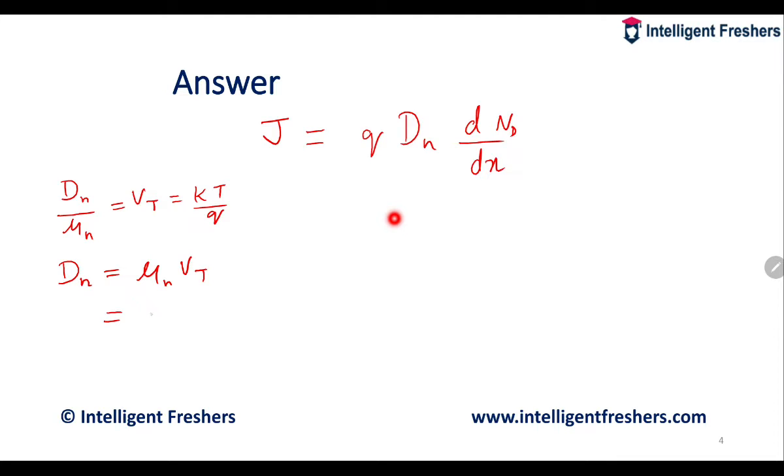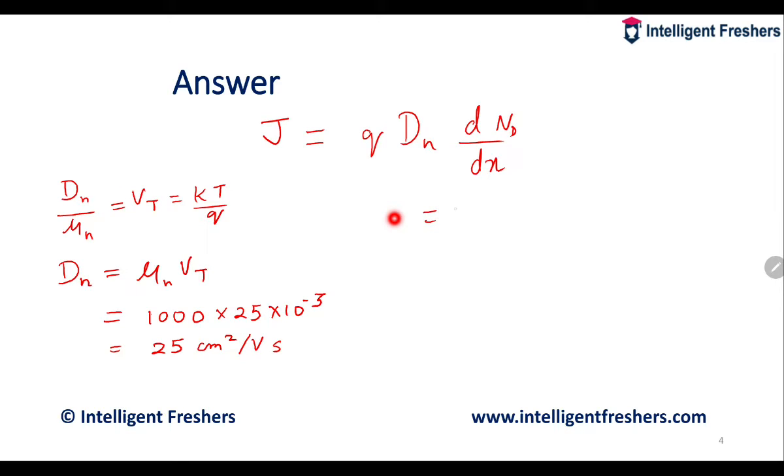Mu n is given as 1000 centimeter square per volt second, and Vt is given as 25 millivolts. So from here we get the diffusion constant as 25 centimeter square per second.